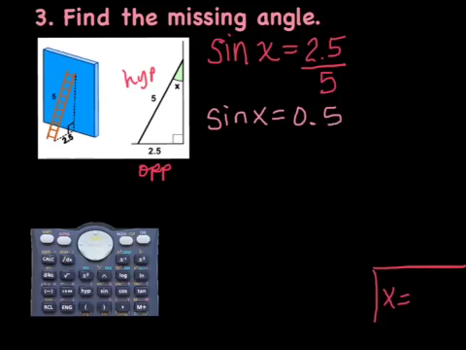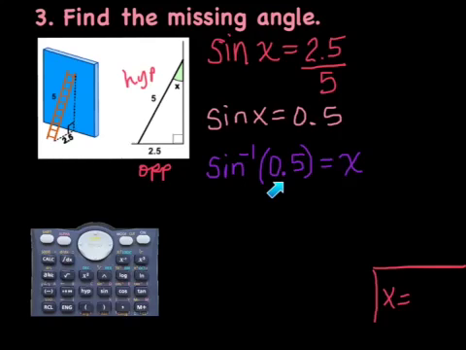Okay, then we're going to move on to inverse sine. We use our decimal number, and that's going to give us the value of X. So look at our calculator here. We're going to be using inverse sine. So we push shift, push sine, that'll take us to inverse sine, and we put our decimal in there.